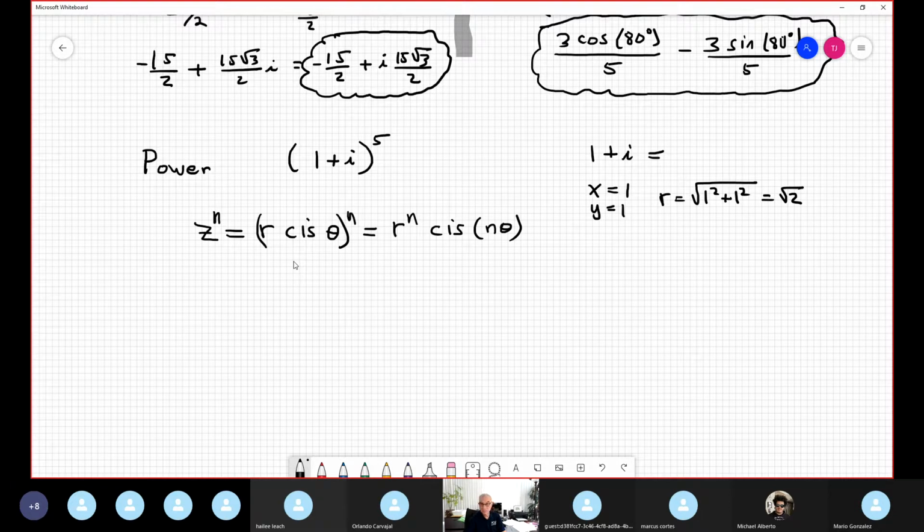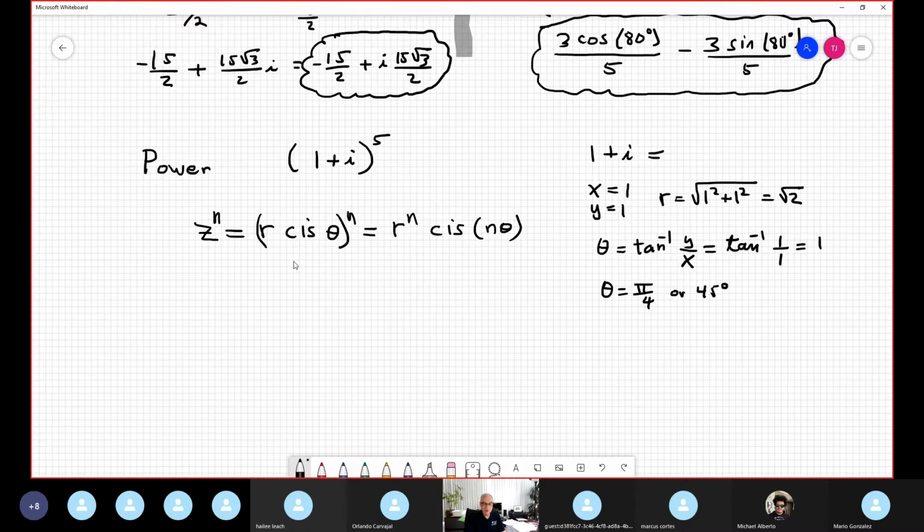And theta is tangent inverse of y over x. In both cases, y and x are 1, and 1 over 1 is 1. The angle whose tangent is 1 is pi over 4, or 45 degrees, either way.